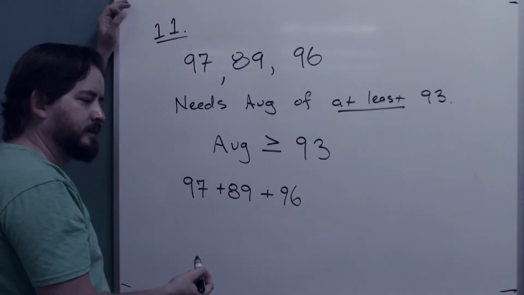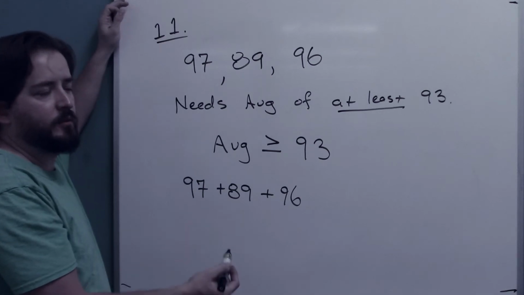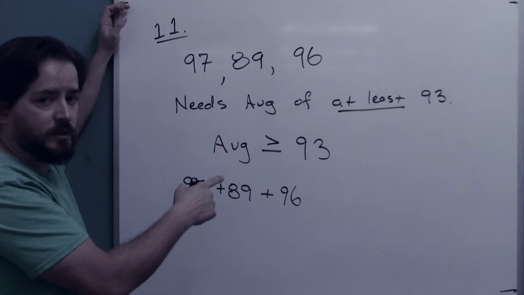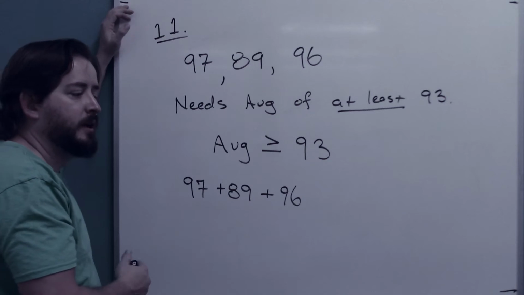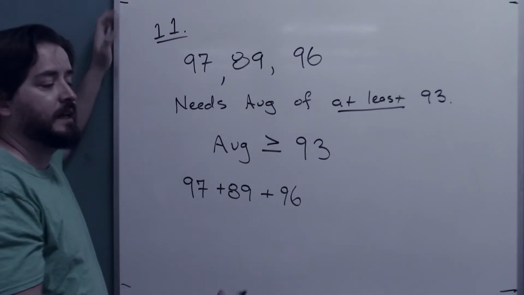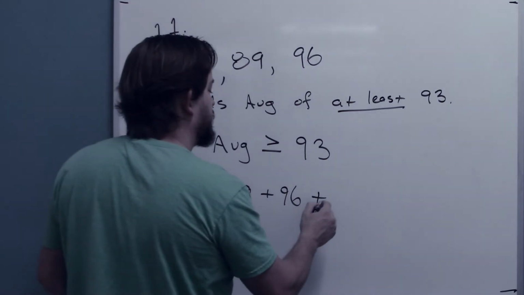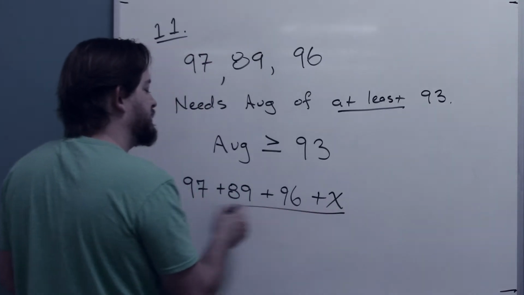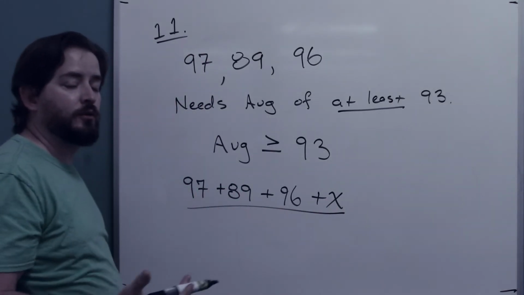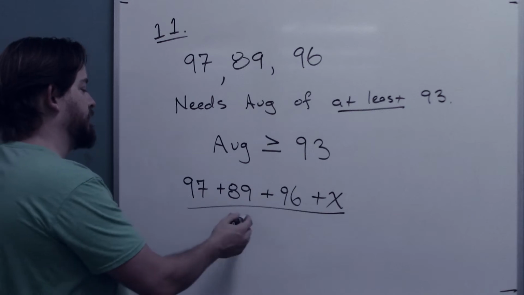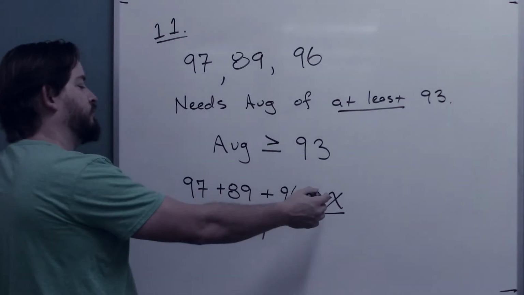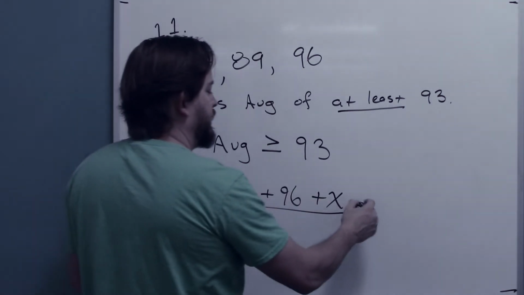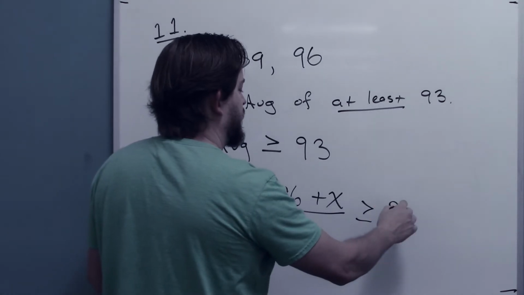The thing that is missing for a lot of the mistakes I see is that there's one more test, right? It says in the problem, what does she have to get on her fourth test? So there is another test. That's what the problem is to figure out, what that test has to be in order for her to pass the class. That means that there's 4, so the sum of the 4 tests divided by 4 has to be greater than or equal to 93.